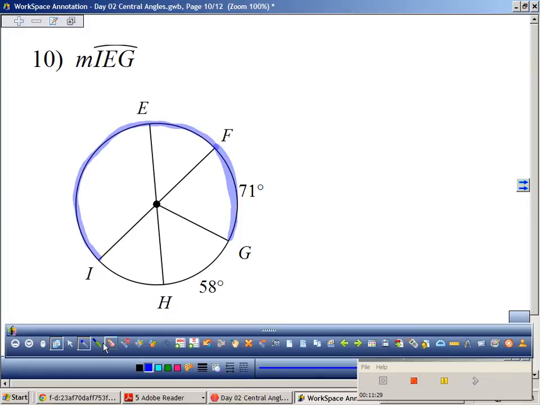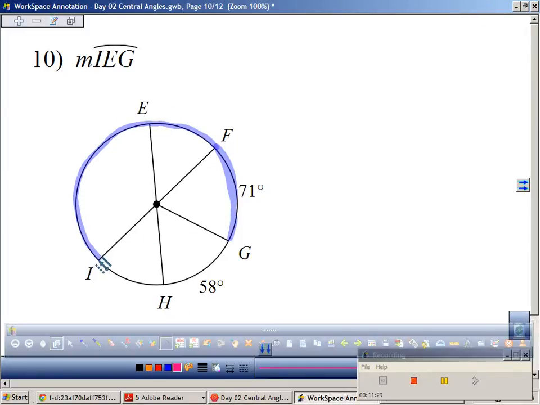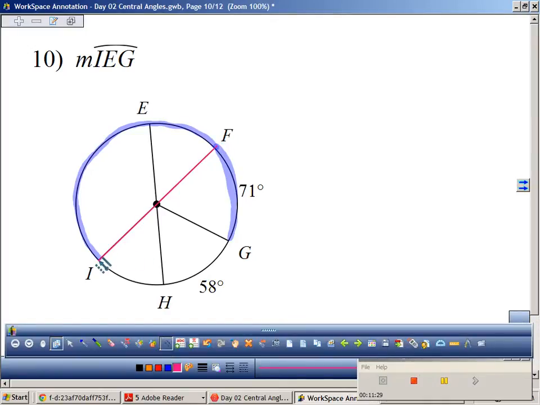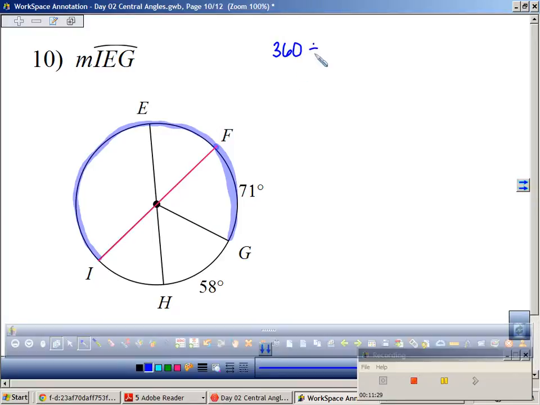Well, luckily, this happens to be a diameter. And a diameter cuts the circle in half. Well, I know it's 360 degrees around a circle. So if I cut it in half, or divide it by 2, it's 180 degrees.